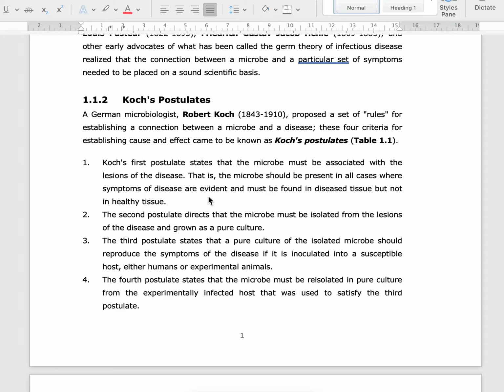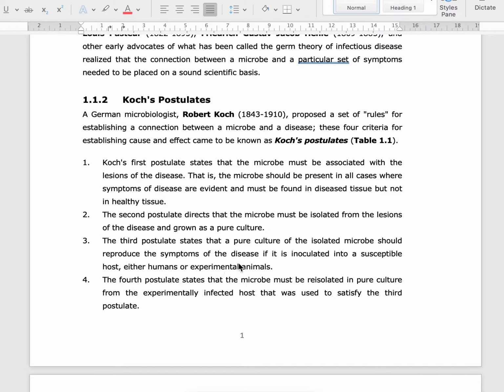Now the second postulate directs that the microbe must be isolated from the lesions of the disease and grown as a pure culture. We must isolate and culture the putative causative agent as a pure culture.